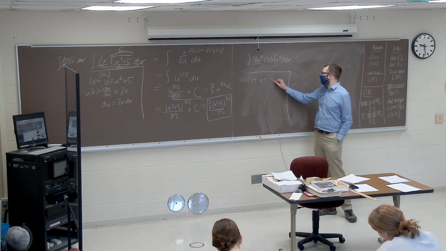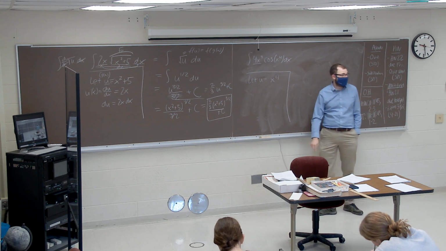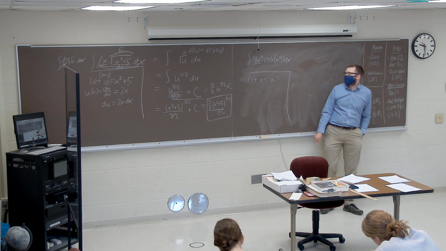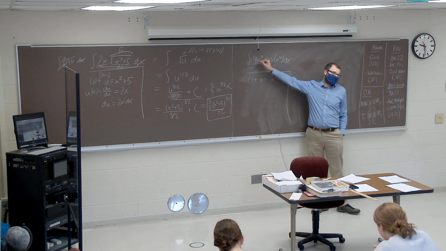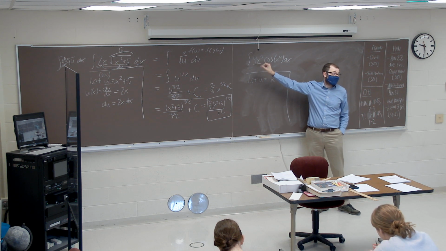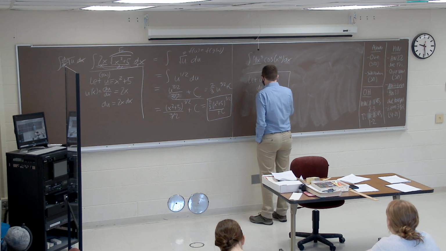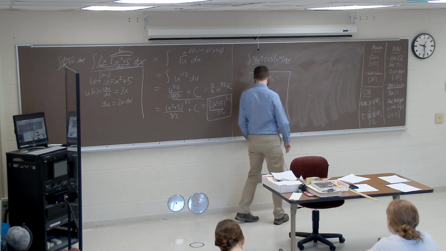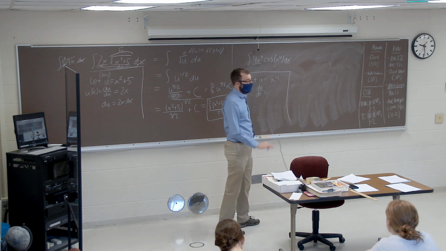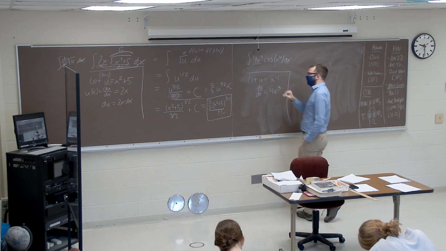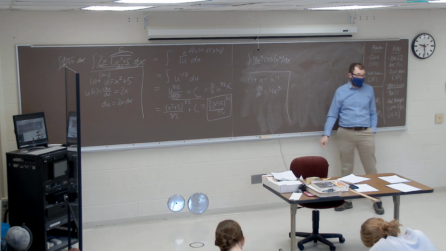You want to let u be x to the fourth? Why that? Because when you take the derivative of u, you get 4x cubed dx. In other words, you get some stuff that's already in the original integral. Interesting. So we could say du dx, as Wynn said, is going to be 4x cubed, which we get from differentiating x to the fourth.